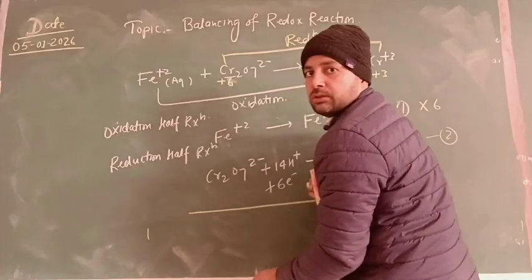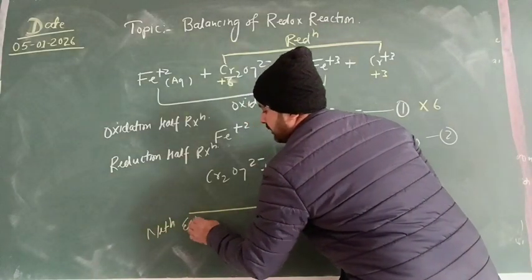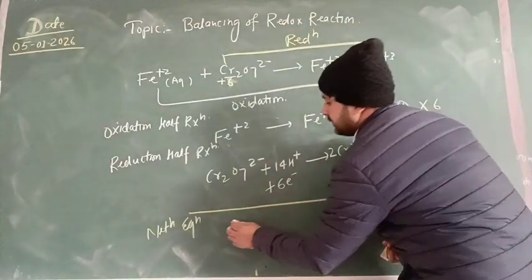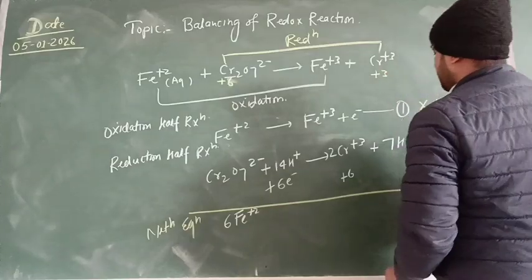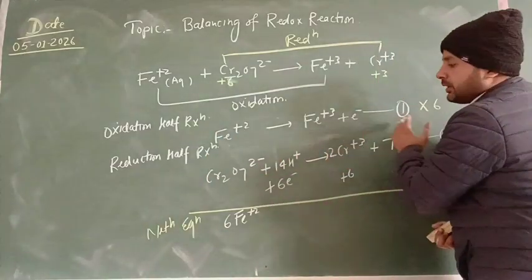Net equation: Fe2+. We will write the left portion on the left side and the right portion on the right hand side.